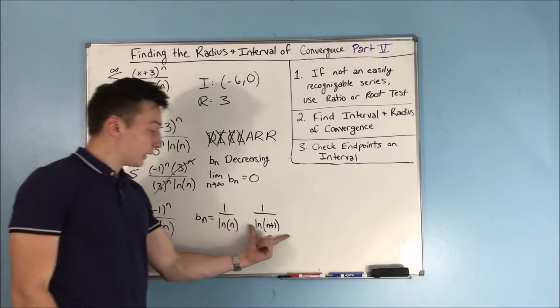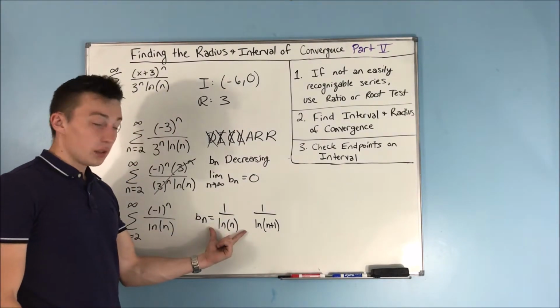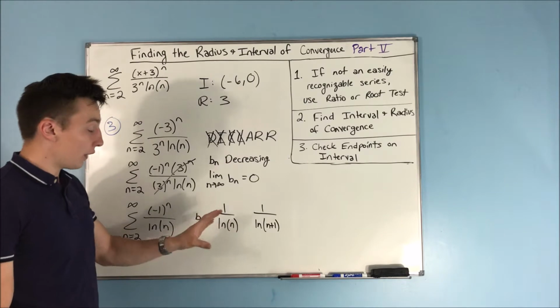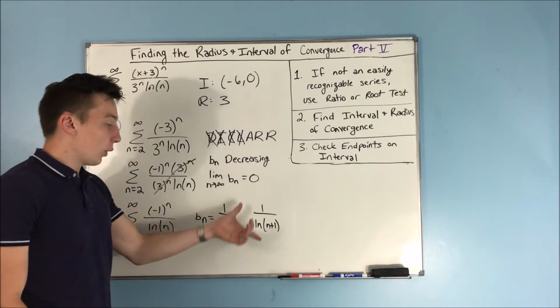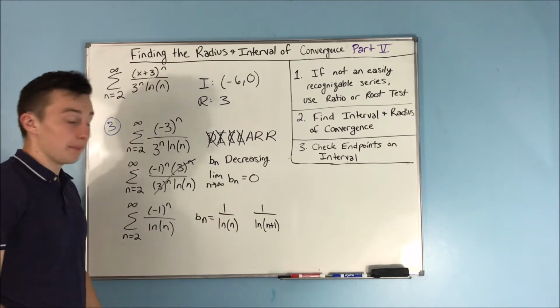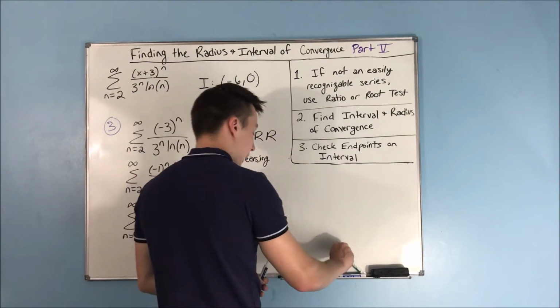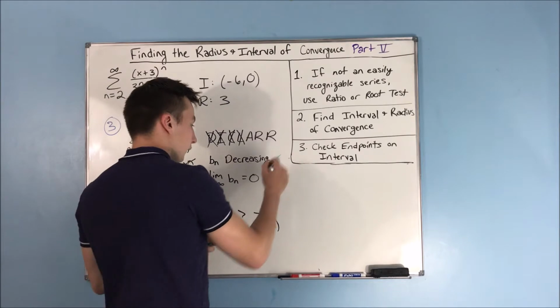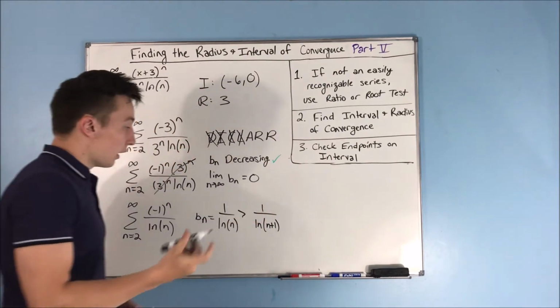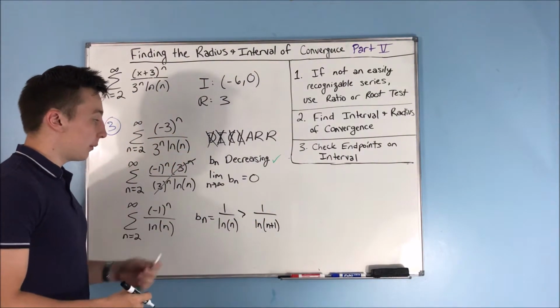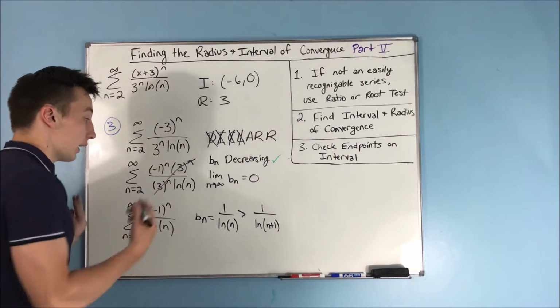Now, this is going to be greater than this, so that means that the whole fraction over here is less than the fraction here. So this is indeed decreasing, and that passes the first condition of the alternating series test. Next, we need to determine if the limit as n approaches infinity of b sub n is going to equal 0.